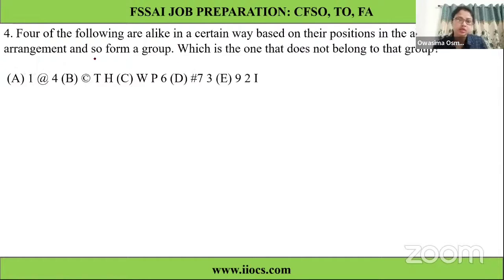Next, four of the following are alike in a certain way based on their position in the above arrangements, and so form a group. Which is the one that does not belong to that group?